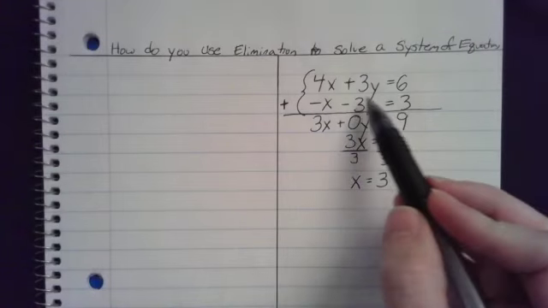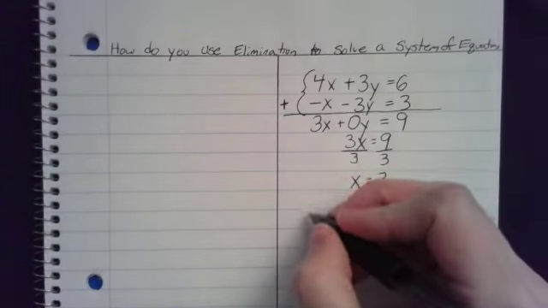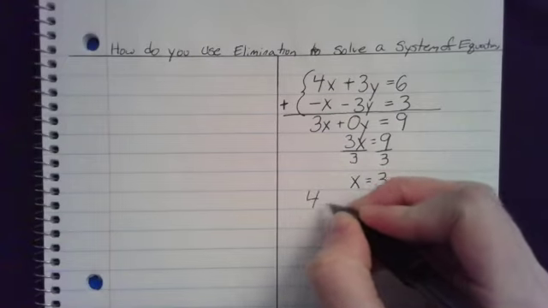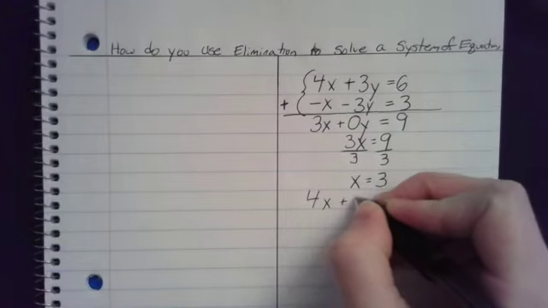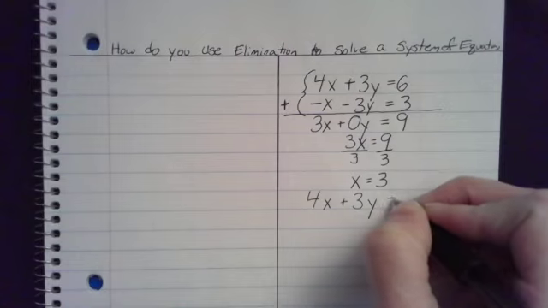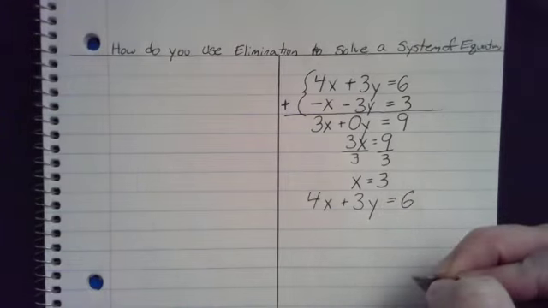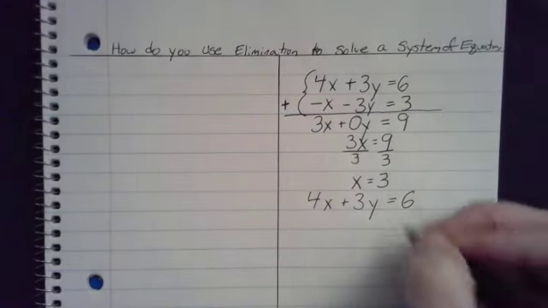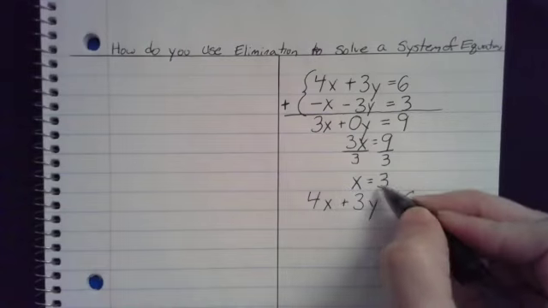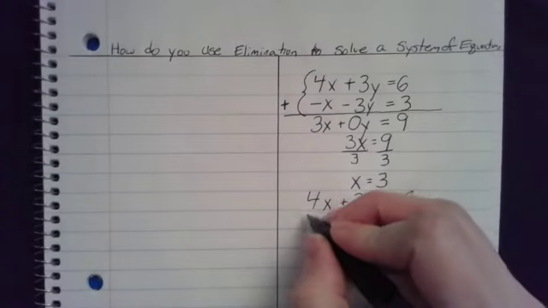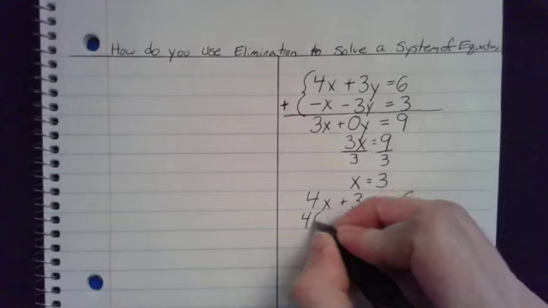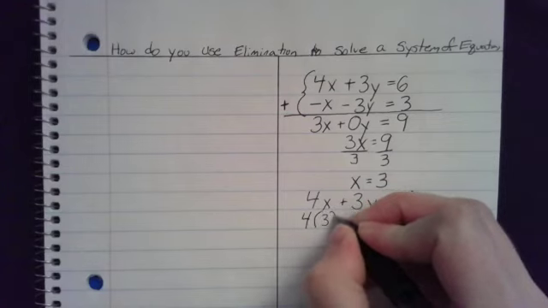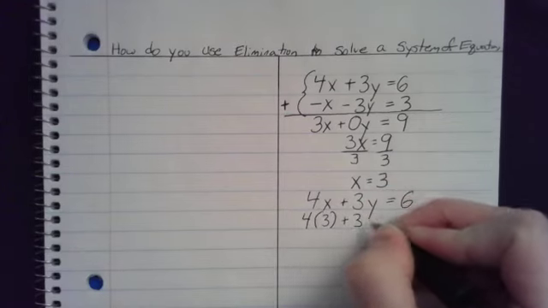Plug it into this first equation. So 4x plus 3y equals 6, and I'm going to substitute this 3 in for x so that I can find out what the y value is.